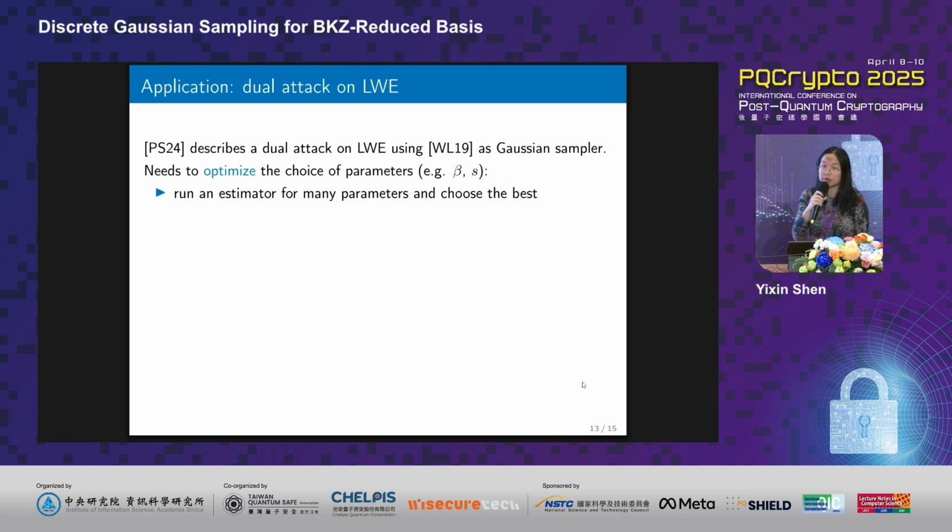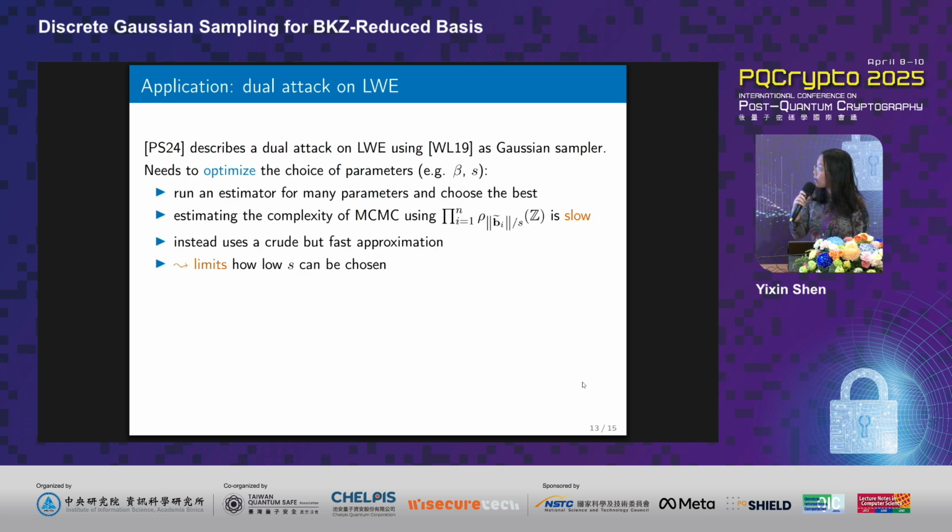And in order to understand the complexity of the attack, we actually need to optimize the choice of several parameters, so beta and s, for example. So we run an estimator for many parameters and then choose the best one. However, estimating the complexity of this MCMC sampler using the product term is very slow because it's a product of n terms.